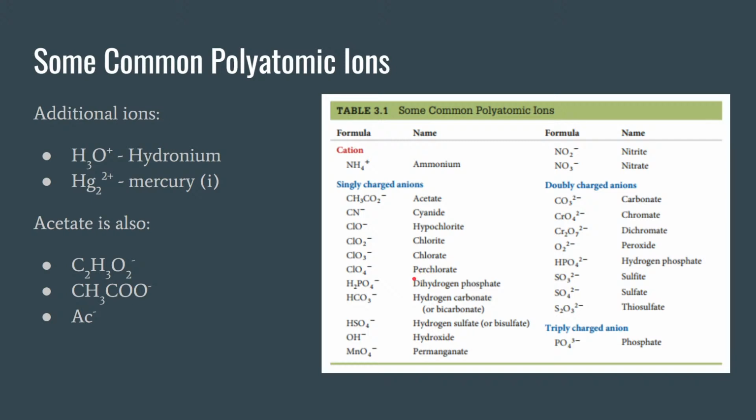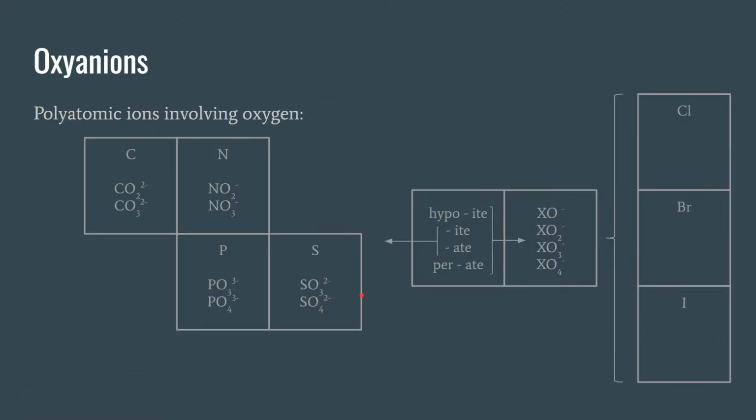It is very common with these ions to see this sort of thing. Oxygen loves to produce polyatomic anions. You'll see that most of these, the overwhelming majority of these guys, have oxygen in them. Those are called oxyanions or oxoanions. And lots and lots of different compounds form them.